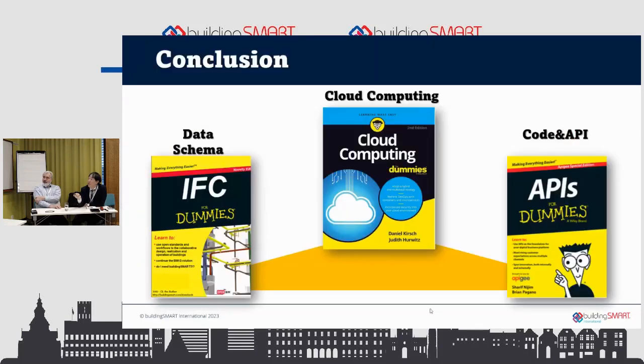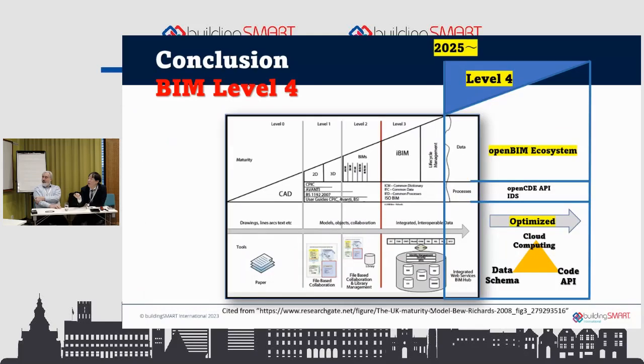So here comes the conclusion. I explained 3 of them, and I extend this chart, the arc views chart here. And then we have level 4. It starts from 2025, and the target is the openBIM ecosystem.